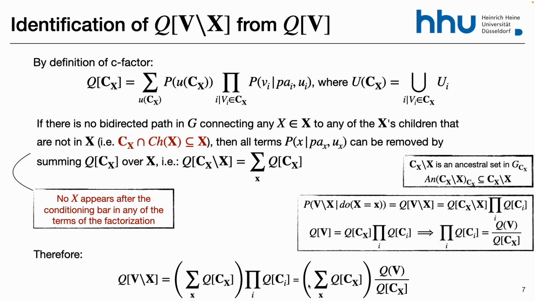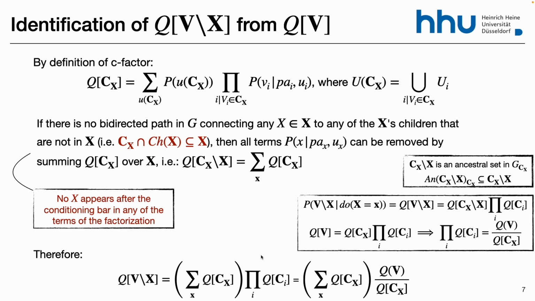And this product, because of the second equation, we put this in evidence. So this is exactly the fraction between QV and the QCX. So we replace the product of the QCIs by just the fraction between QV and QCX. This is what I'm doing here.